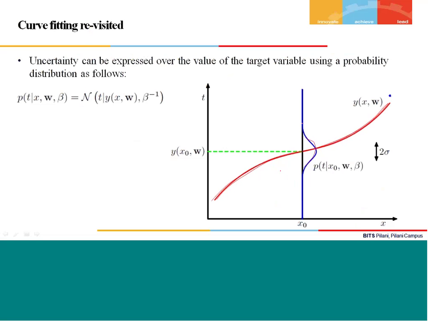The basic idea of what we are trying to do here is that, let's say I have these points, and this is a line here. We are making a Gaussian distribution for every point.